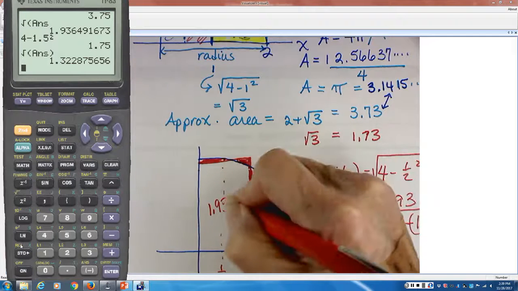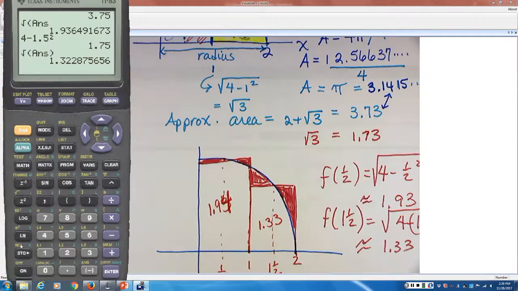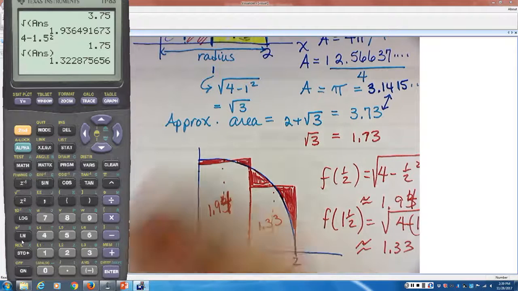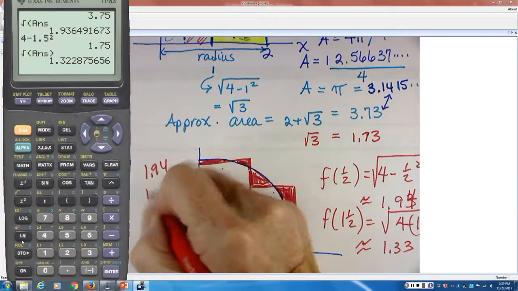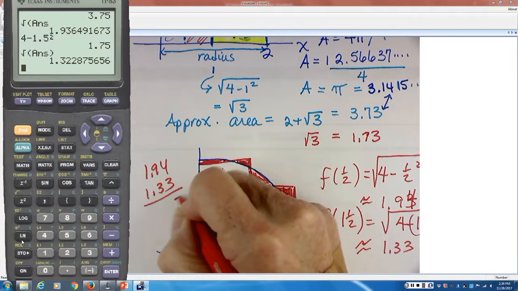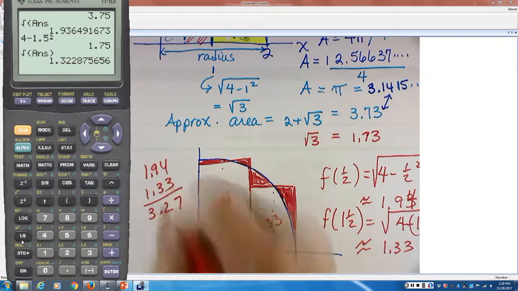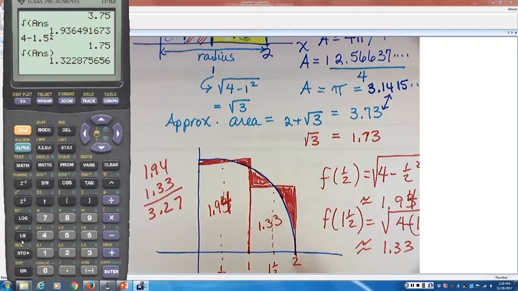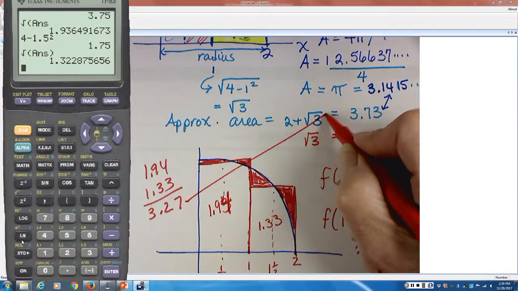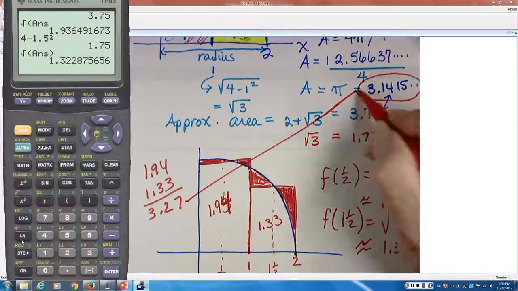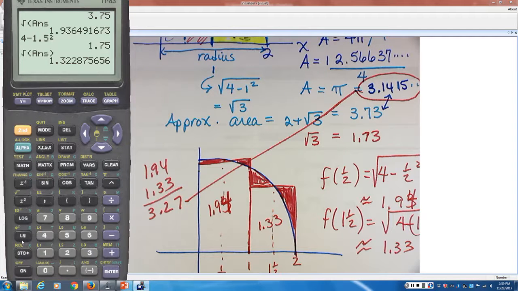We're going to round it to 2 decimal places. If I take 1.94 and 1.33, I get 3.27. And 3.27 is a lot closer to the actual area.